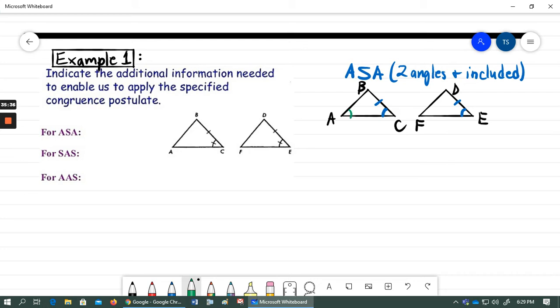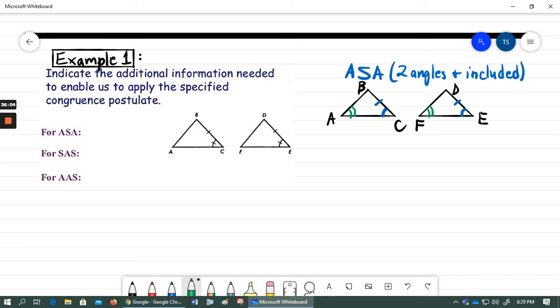Would this angle here be the angle that gives us angle side angle? No, it will not be this angle, because with this angle the side is not in between those two angles.